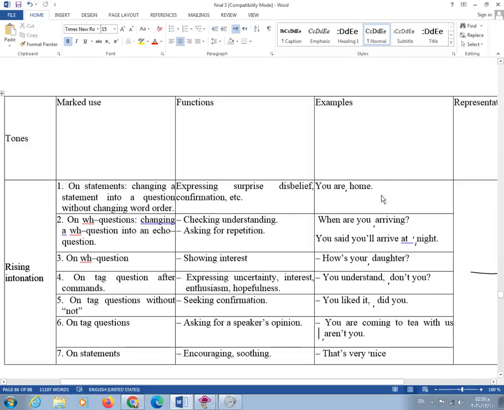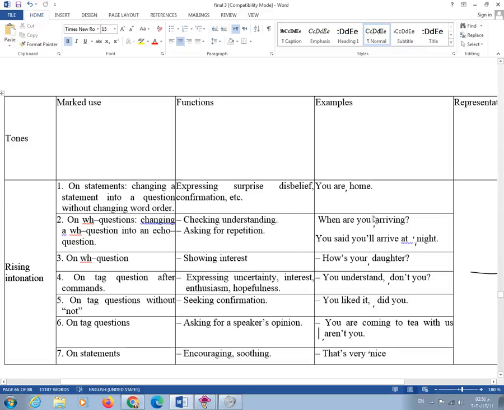Number 2, we can use rising intonation on WH questions. We said before that WH questions are usually said with falling intonation. However, when we use rising intonation, this is used in order to ask for repetition, checking understanding. Look at functions here, okay? For example, when are you arriving? You said, for example, I'm arriving at 10 o'clock.